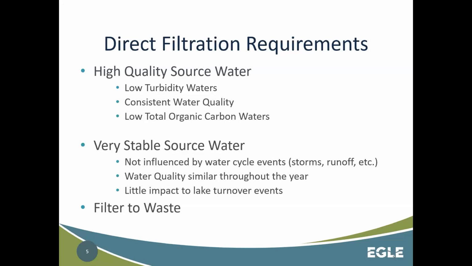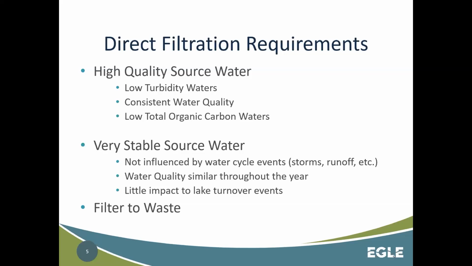And the reason for that low total organic carbon is a lot of the organic removal occurs in the settling step. And so if you don't have that settling step, you're perhaps a bit more limited on the amount of organics removal you can get. So if you're a high TOC source water, direct filtration might not be a good application.